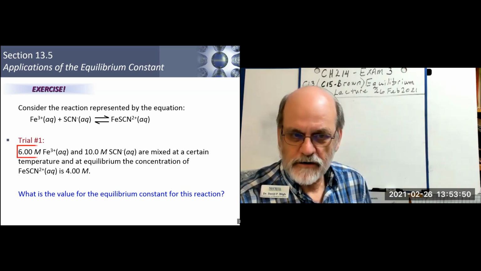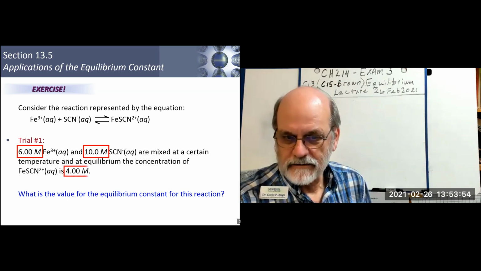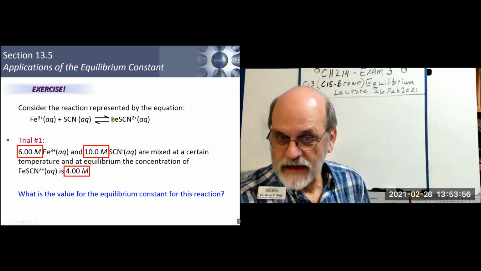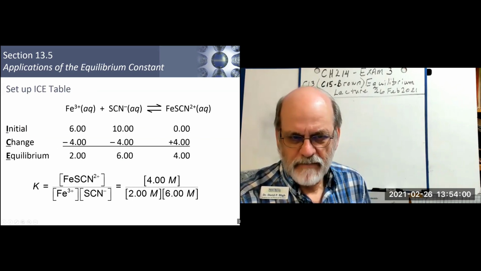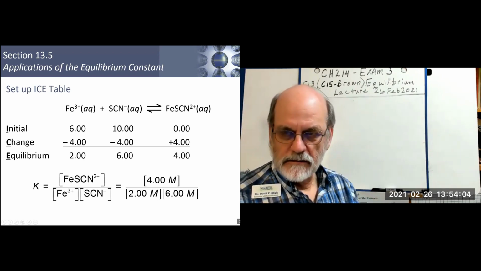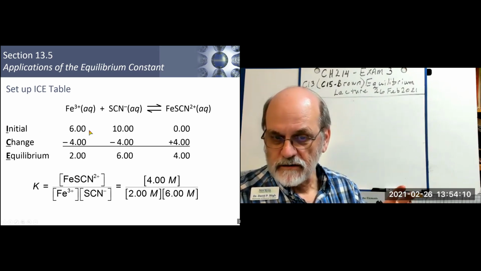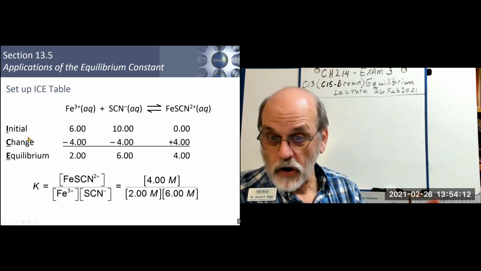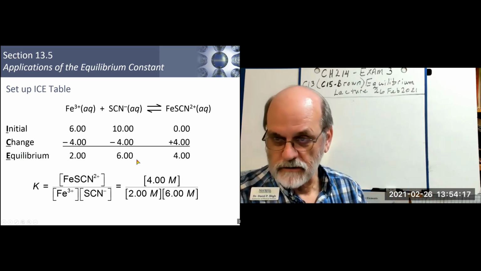So there's our beginning situation, and there's our ending. We know the ending, which makes it much simpler. What we do is construct a table called the ICE table, which stands for the initial conditions, what changes occur, and what's the equilibrium situation.